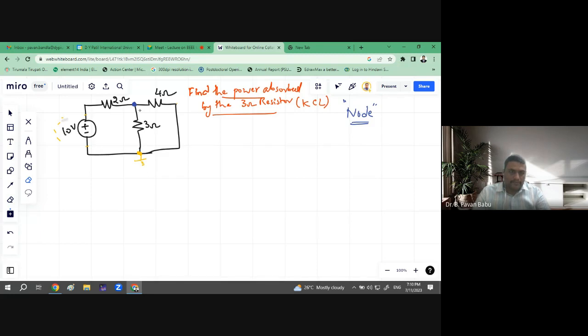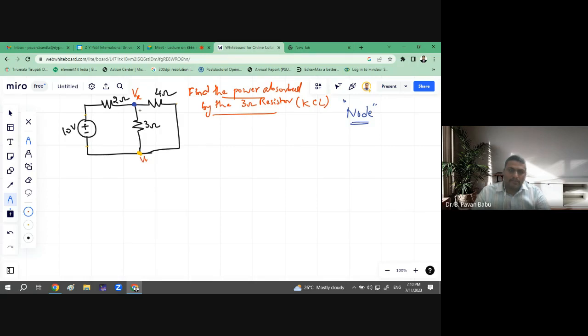Let me clear this so that it will be easy for you. So how many nodes are there in total? Actually it will be two, but let the voltage across this particular node be Vx and the other be Vy.